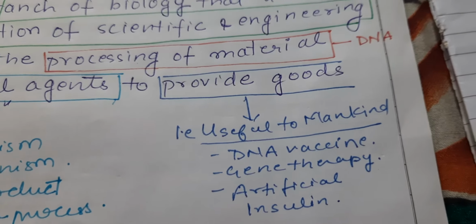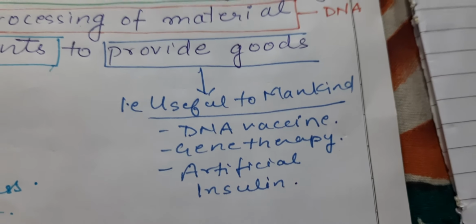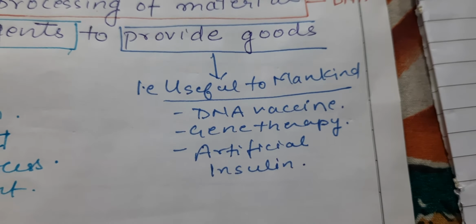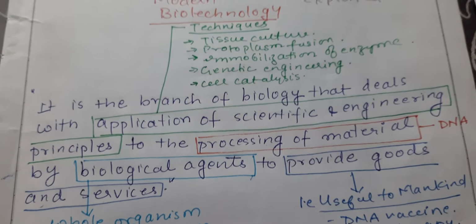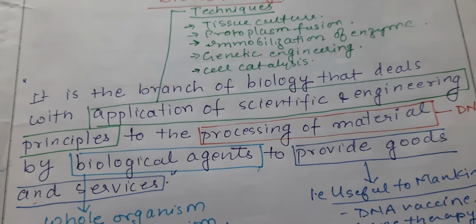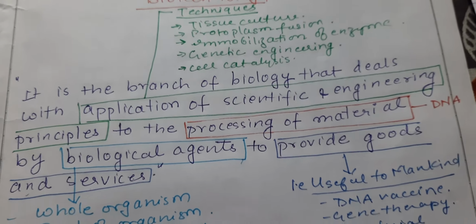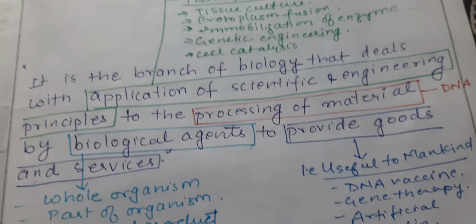Goods and services means they are useful to mankind, maybe in the form of DNA vaccine, gene therapy, or artificial insulin. So let's see the definition: it is the branch of biology that deals with application of scientific and engineering principles to the processing of a material by biological agent to provide goods and services.